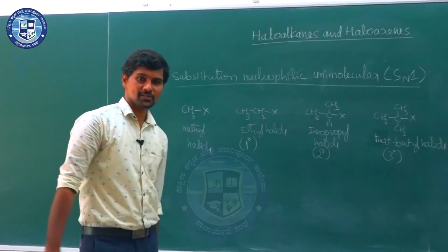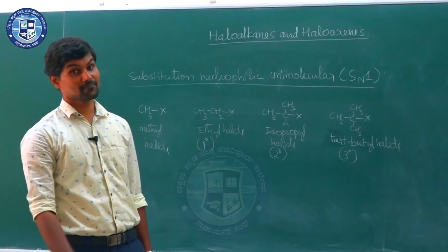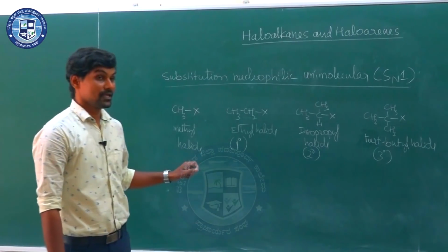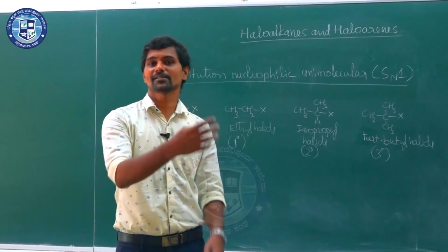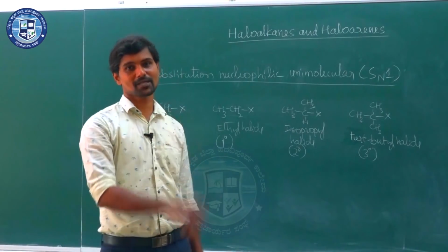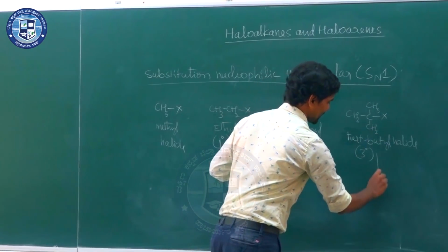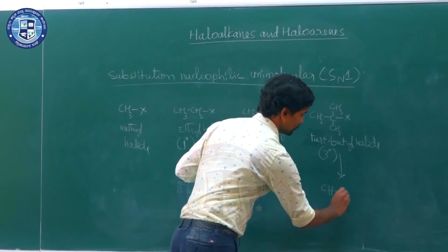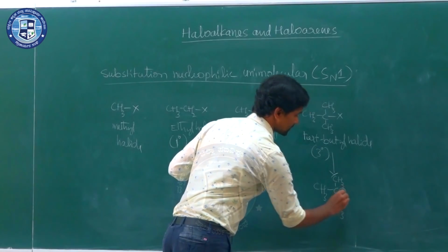Just now we learned how the SN1 mechanism takes place. In the first step, the formation of the carbocation takes place. If the carbocation is formed, the nucleophile immediately attacks it and you get the product. So the formation of the carbocation depends upon the stability of the carbocation. If tertiary butyl halide takes part in the SN1 mechanism, it gives the tertiary butyl carbocation in the first step.